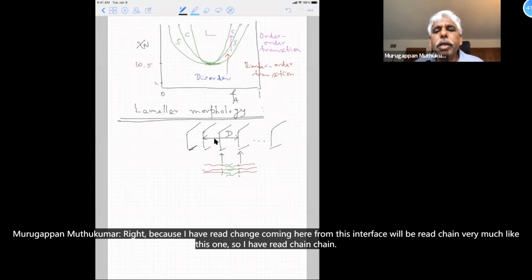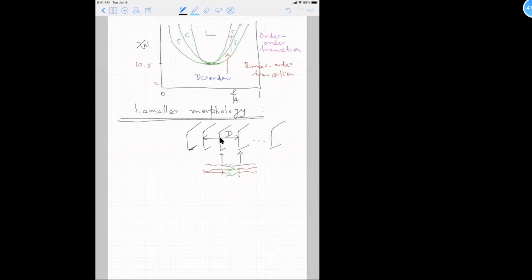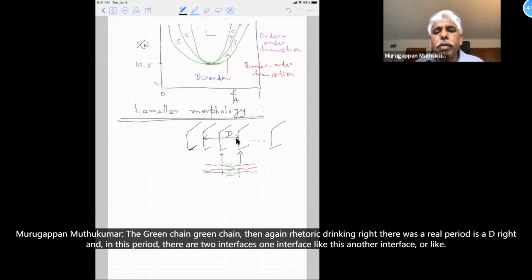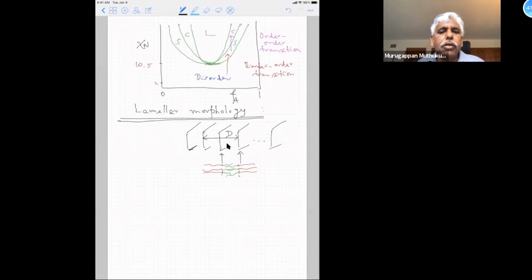So I have red chain, and then a green chain, green chain. Then again red, red, green, green. Therefore, the real period is D. And in this period, there are two interfaces, one interface like this, another interface like that. There are two of them.